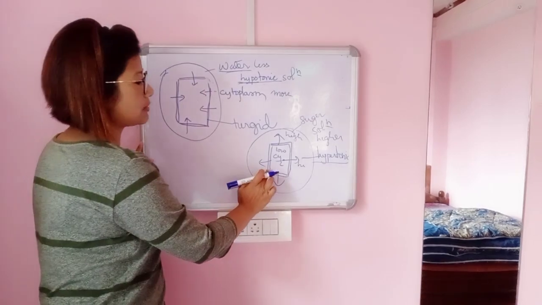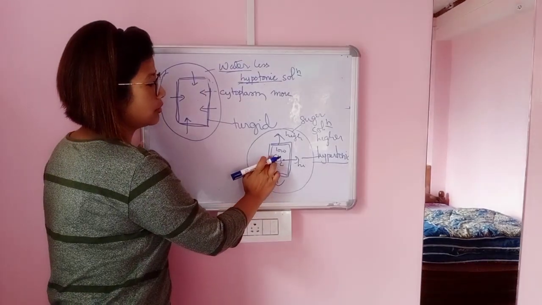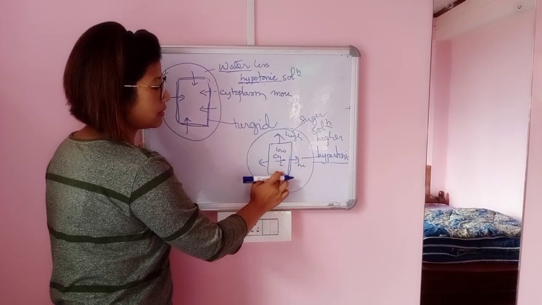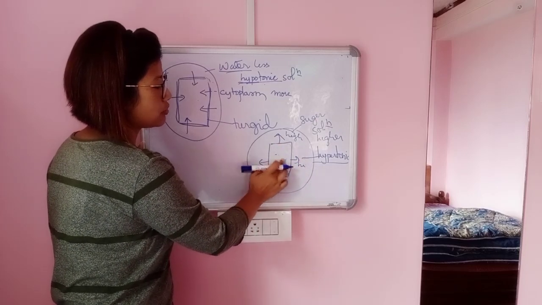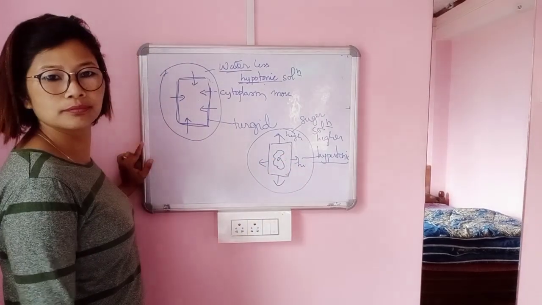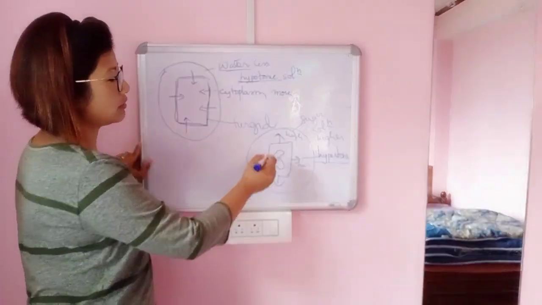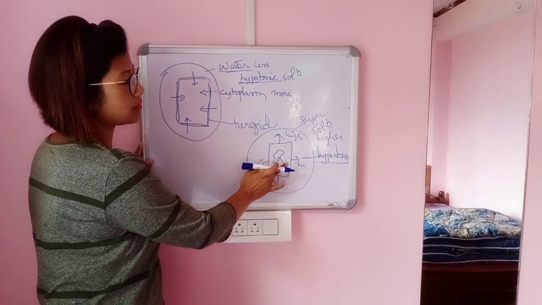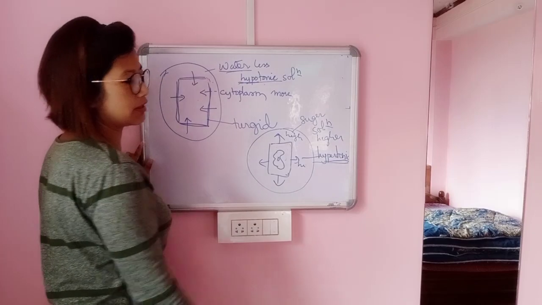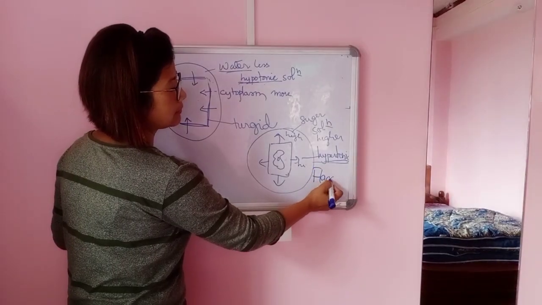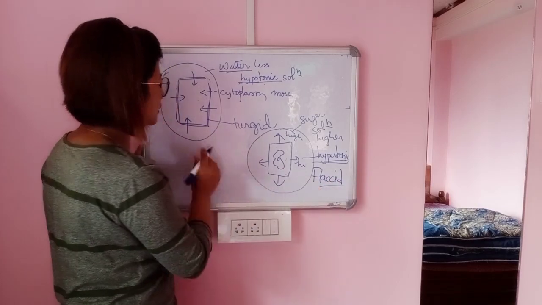And then what happens is, as you know, the cell wall is rigid, but the cell membrane will shrink like this. So this is what happens when you put the cell in hypertonic solution, and these cells become flaccid. This condition is called flaccid.